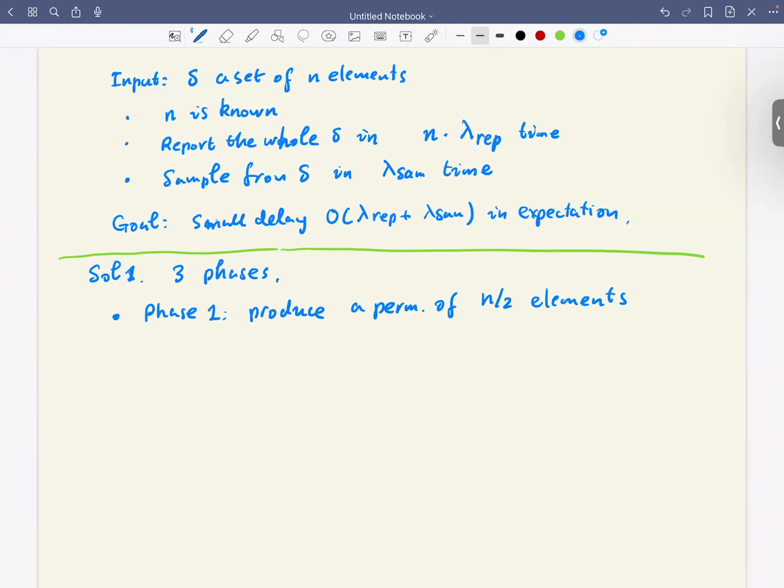Only n by 2. We want to produce a permutation of length n, but in the first phase we will only produce n by 2. Let's see how this is done.